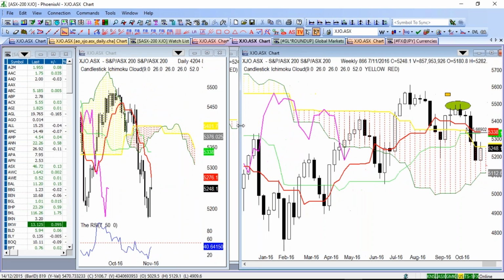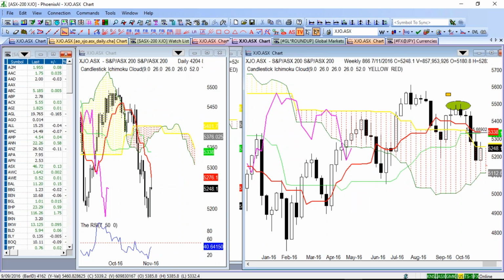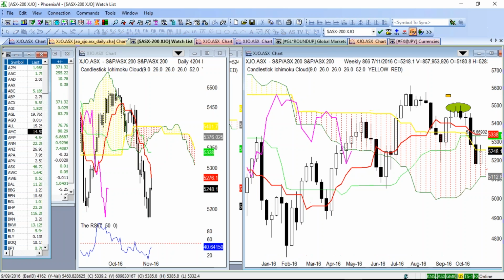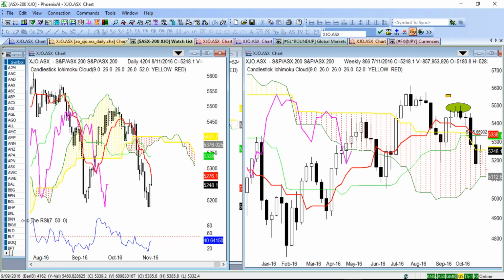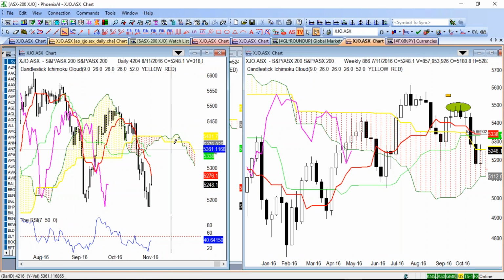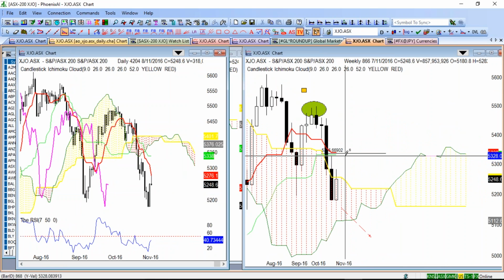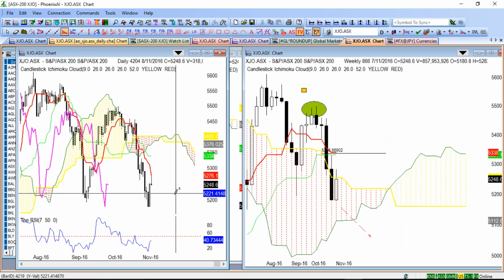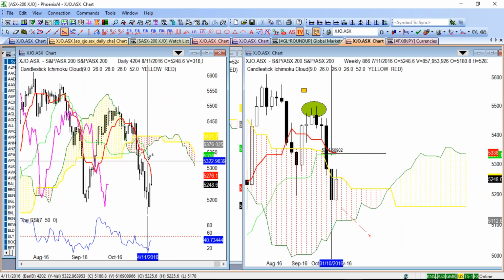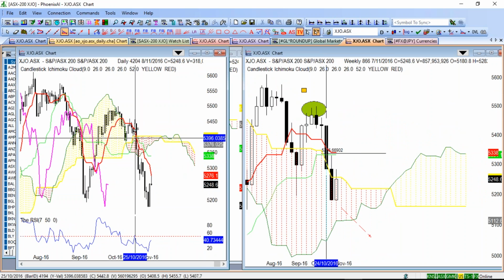Now, keeping in mind those numbers, I'll just bring that up, there we go. So we have the daily chart here, and we saw in the daily chart price action recently, over the last couple of weeks, fell through the cloud.